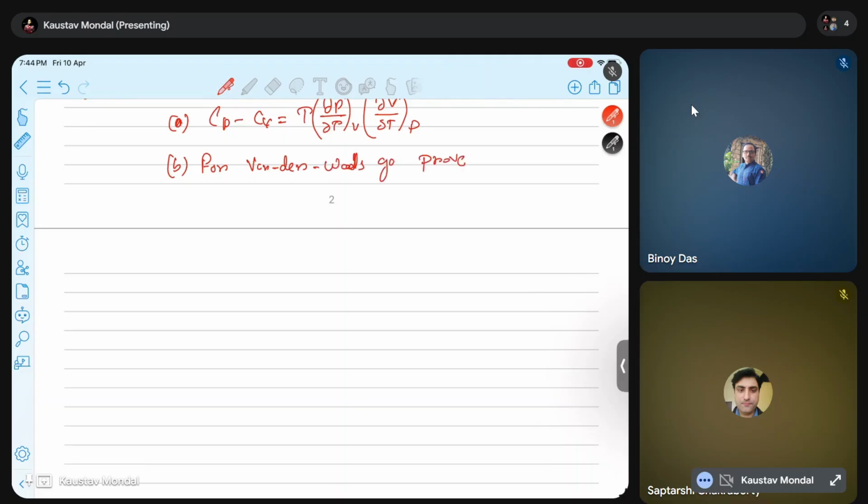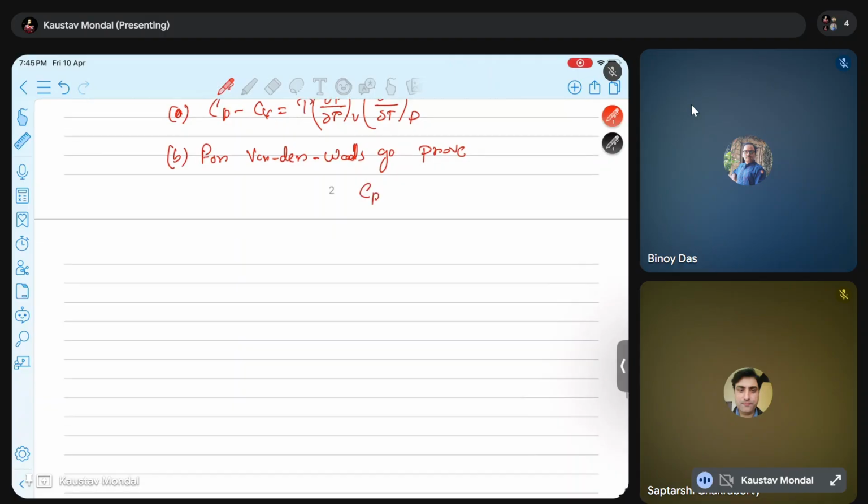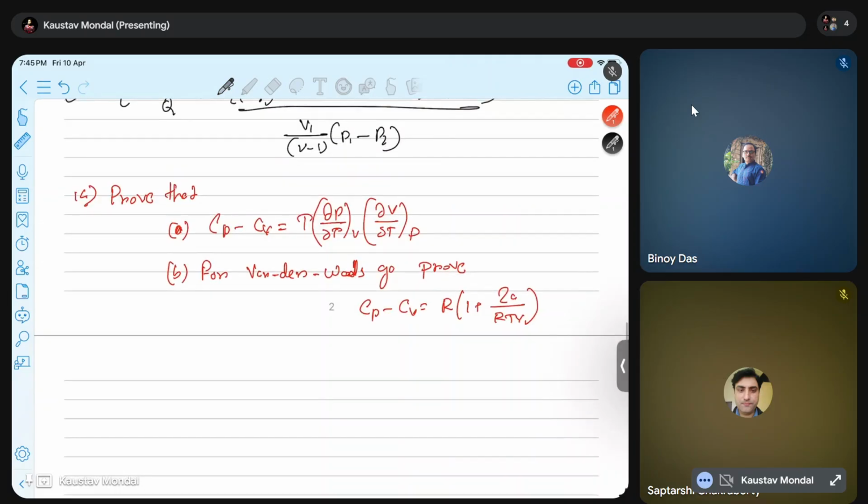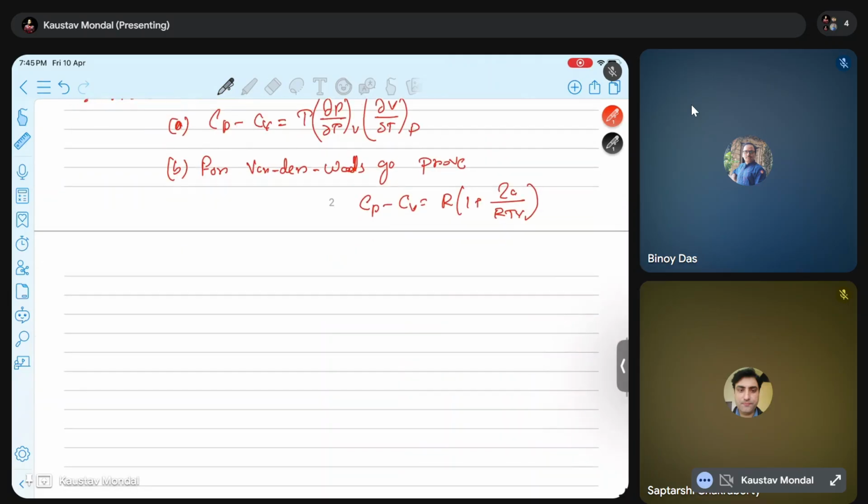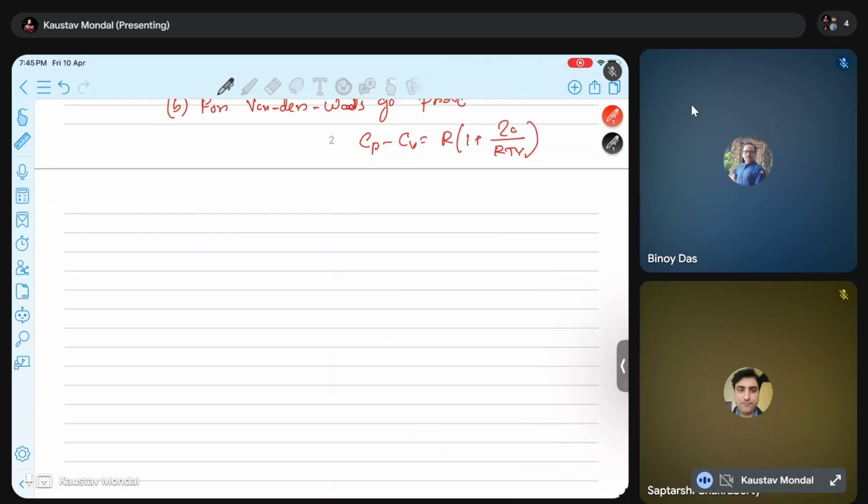Prove that Cp minus Cv is equal to R (1 plus 2a over RTV). So to prove both of these quantities, first let's start from Cp minus Cv.